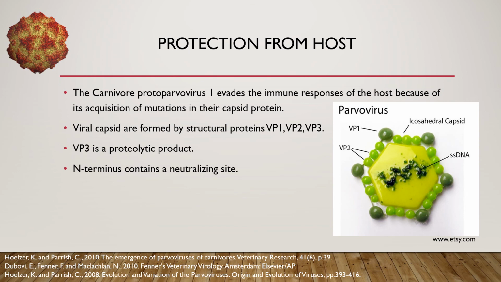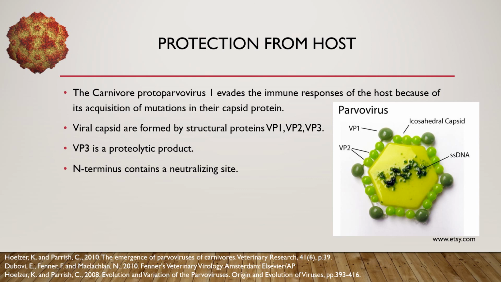The virus is an intracellular pathogen and it evades the immune response by acquisition of mutations in its capsid proteins. The viral capsid is formed by structural proteins VP1, VP2, and VP3. The structural protein VP3 is formed by the removal of part of the amino terminus of VP2.